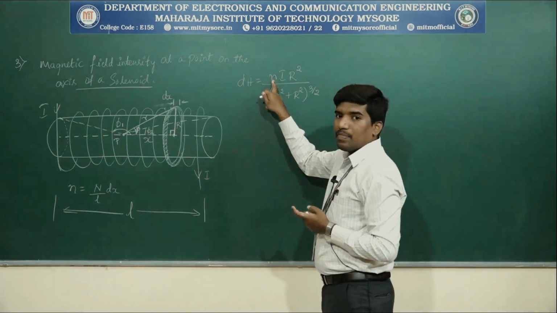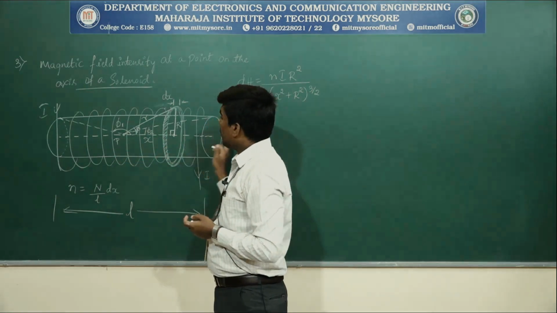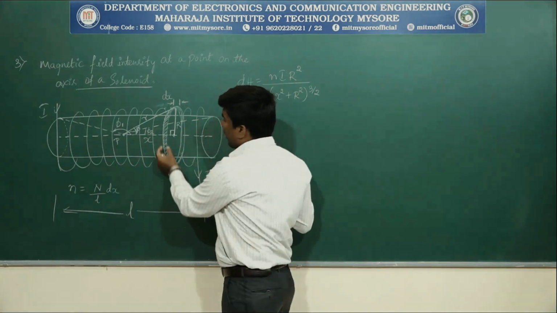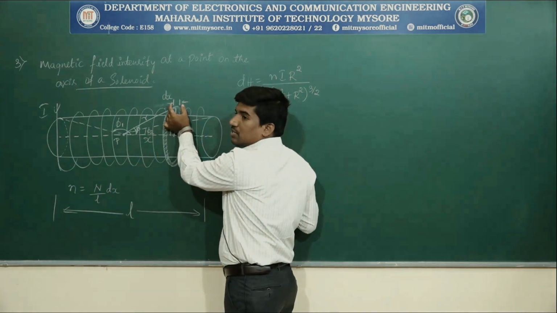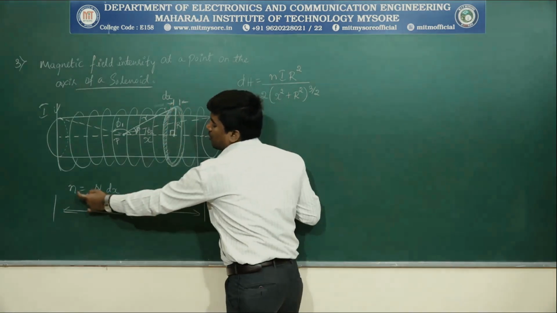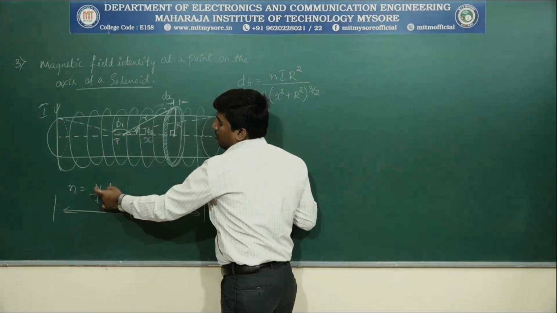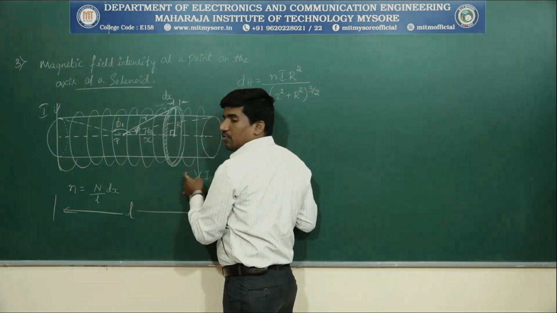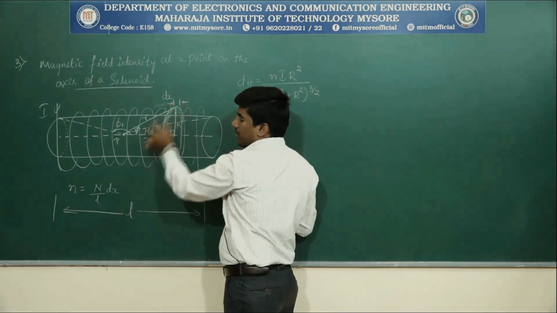Now what is N? Capital N is the overall number of turns of the solenoid, but we need the number of turns present within this elementary distance dx. Small n can be derived from capital N, the total number of turns of the solenoid, divided by the total length L of the solenoid, into this small distance dx.